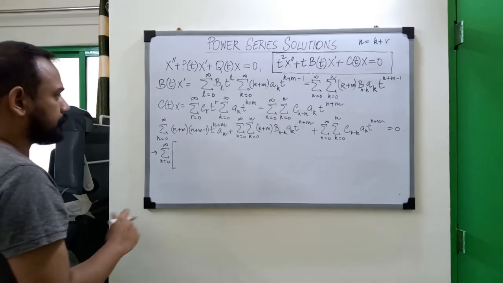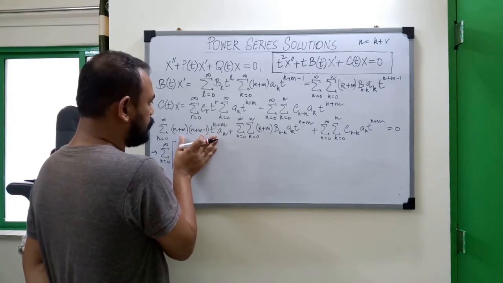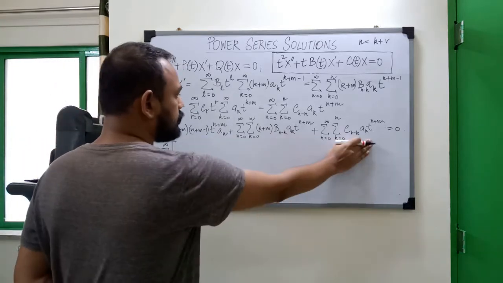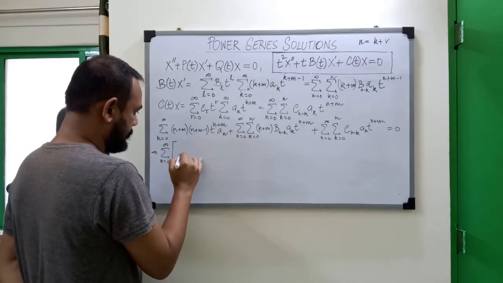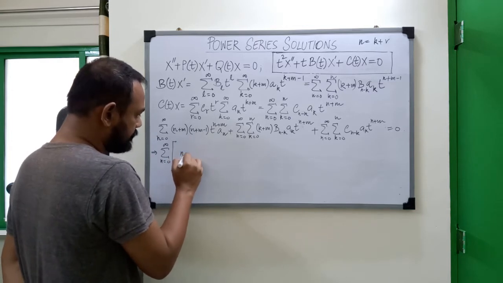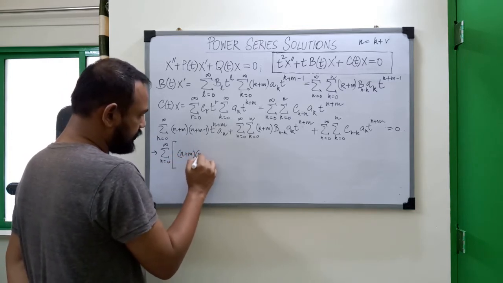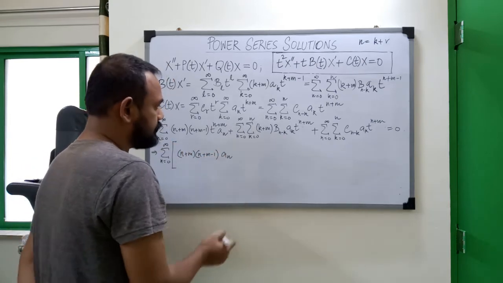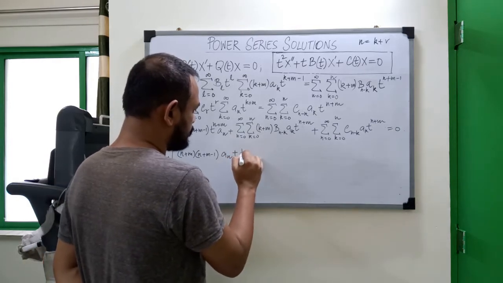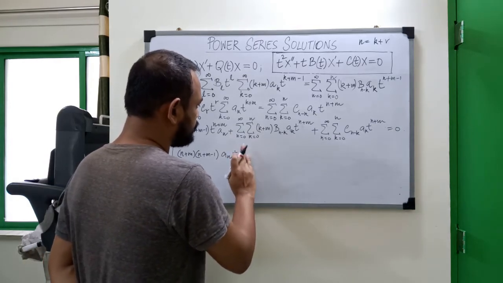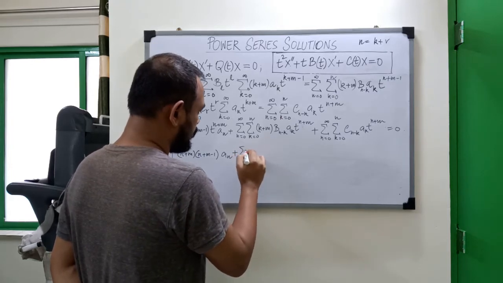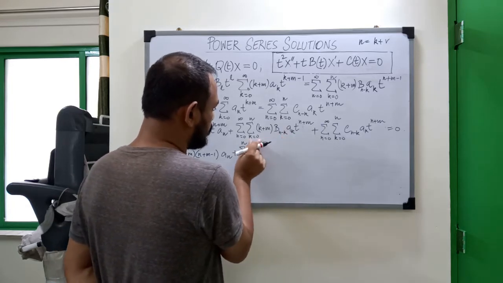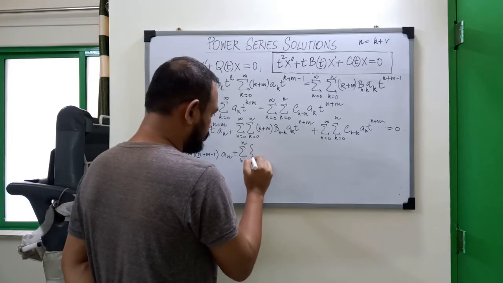So if I take out the t^{n+m} on this side, what I have left over there is (n+m)(n+m-1) a_n, plus I will have this one, k from 0 to n, which is now this summation that is common to these two, so that I can do a little bit of simplification here as well.